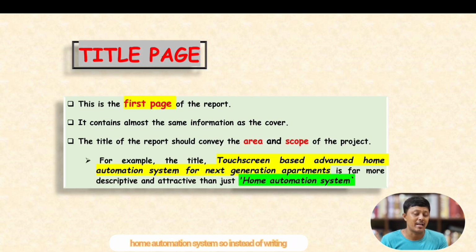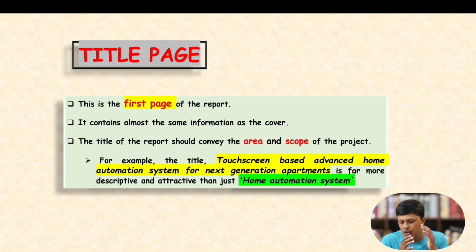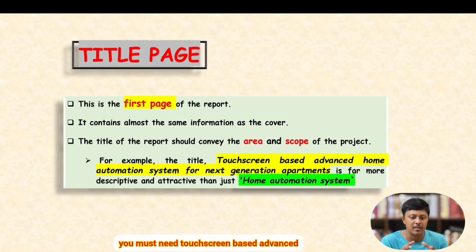So instead of writing home automation system, go into detail, be a bit elaborate. The title has to be catchy, attractive, and somehow descriptive. So instead of home automation system, you need touchscreen based advanced home automation system for next generation apartments. So this is how you are going to create the title page.